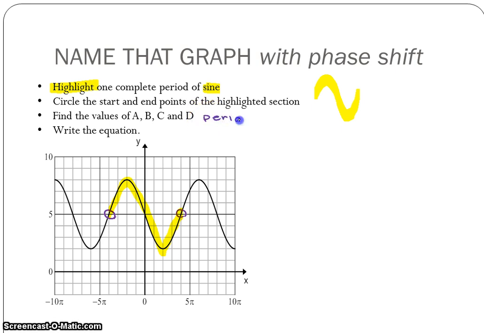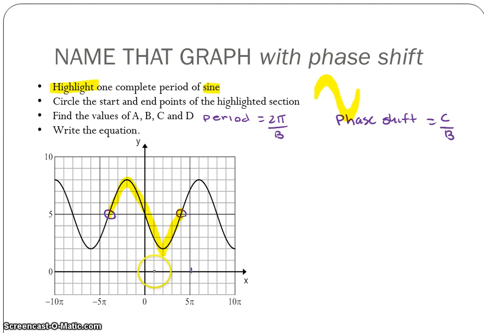So we're going to have the period is 2 pi over b. We know that the x-axis scale is period over 4, and then the phase shift, the start, is going to be c over b. Okay, so I have some values marked on my axis. I know that this value here is 5 pi.